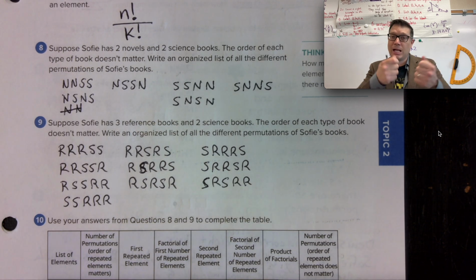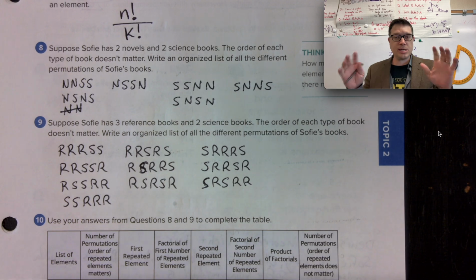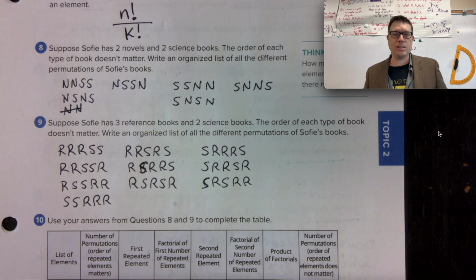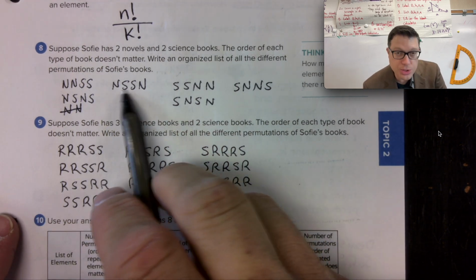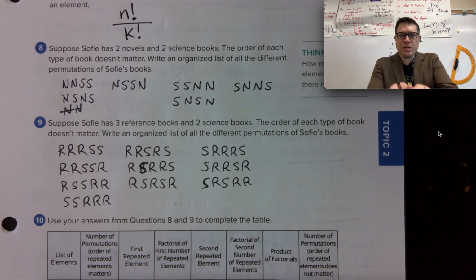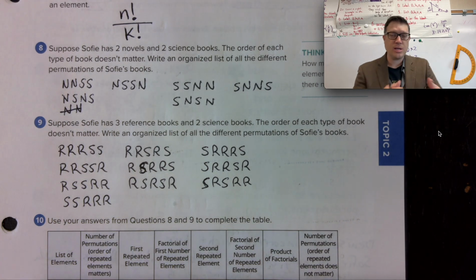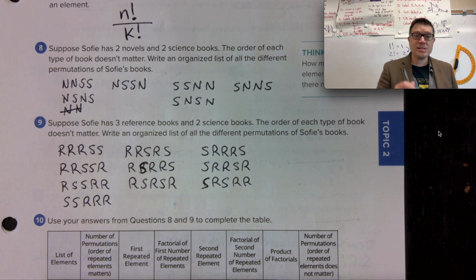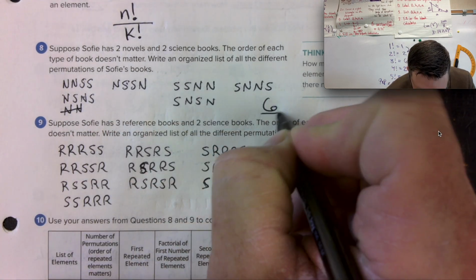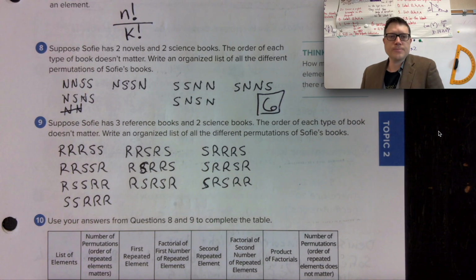Systematically, I'm moving our science and novel books into a different arrangement. These 2 science books are different science books, but they count for the same group. So they are copies on our organized list, and there are 1, 2, 3, 4, 5, 6 total permutations.